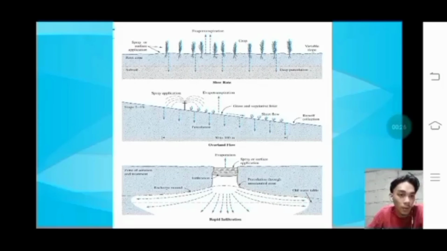And the second is the overland flow. As you can see here, the land is in slope form where there is a spray application and the water will just flow down the grass. And the third one is the rapid infiltration, where the water goes beyond the surface.